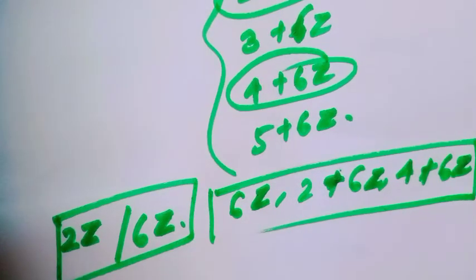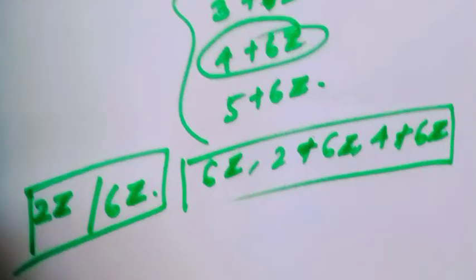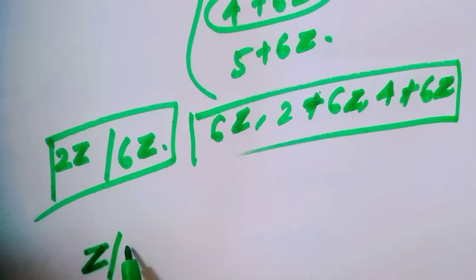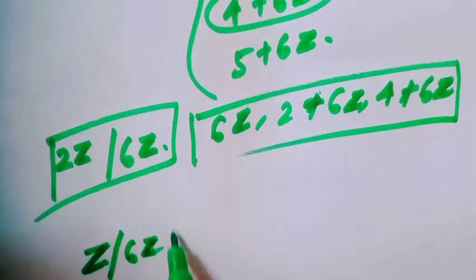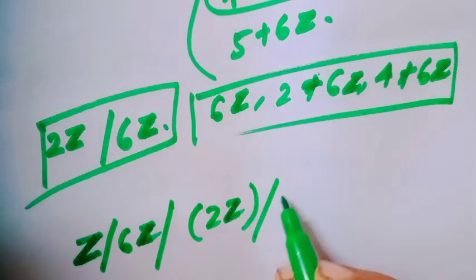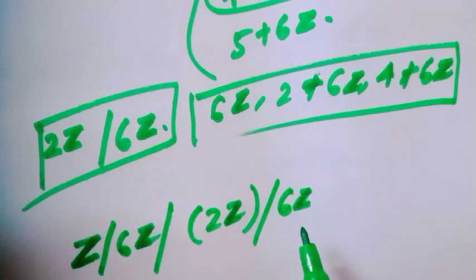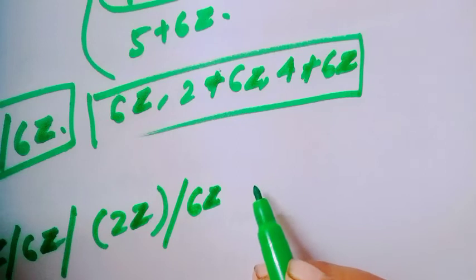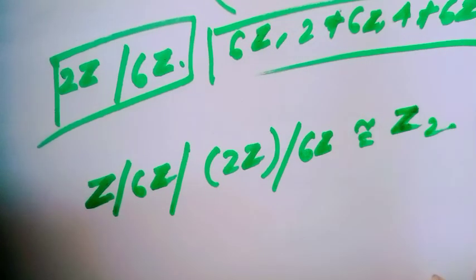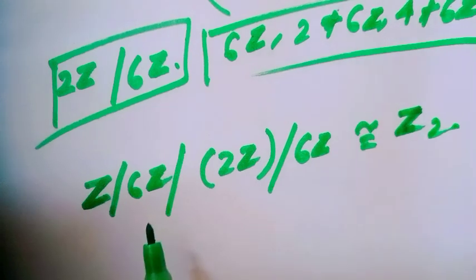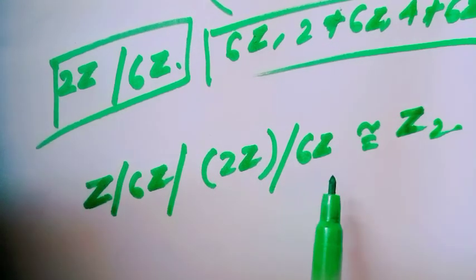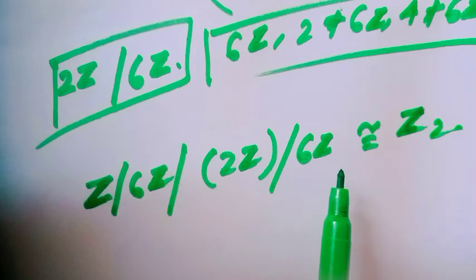Therefore, by the third isomorphism theorem, we can tell (Z mod 6Z) modulo (2Z mod 6Z) is isomorphic to Z2, because Z mod 6Z contains 6 cosets and 2Z mod 6Z contains 3 cosets.